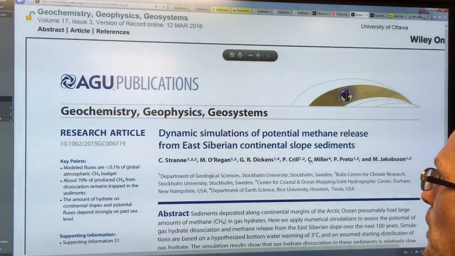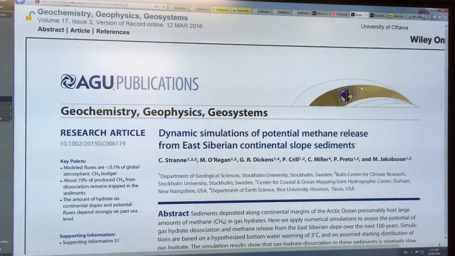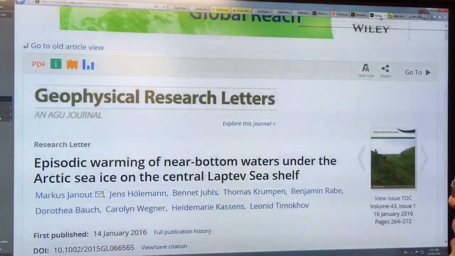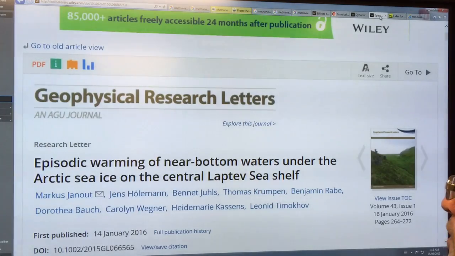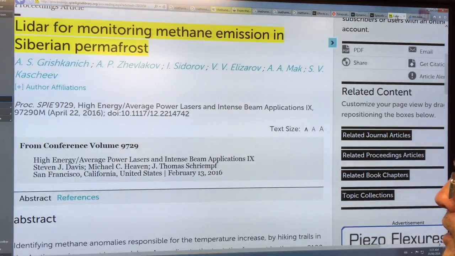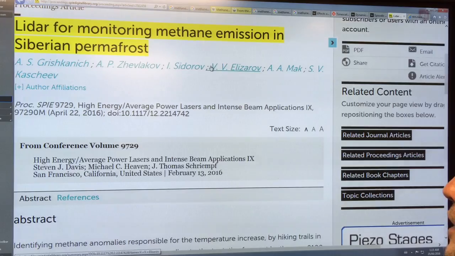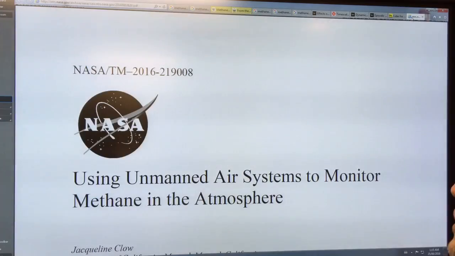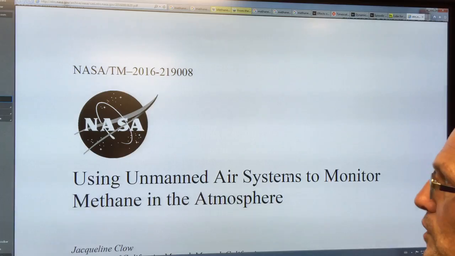This is simulating methane release on the eastern Siberian Arctic shelf. These are all papers that are out in the last month or so. The warming of near-bottom waters on the Laptev Sea shelf, and so on. And some of the new methods, like using LIDAR, which is laser radar, to monitor methane in the Siberian permafrost, and also the idea of using unmanned UAVs, drones, to measure methane in the atmosphere.